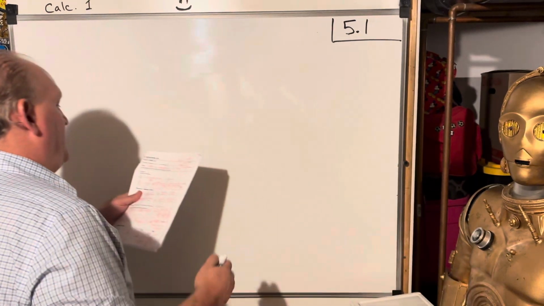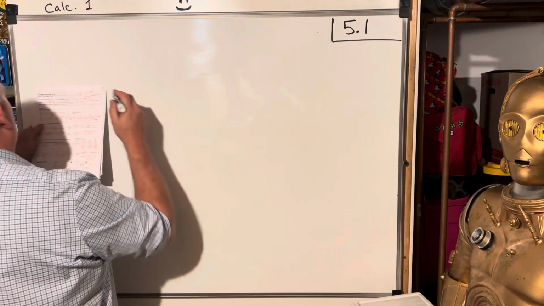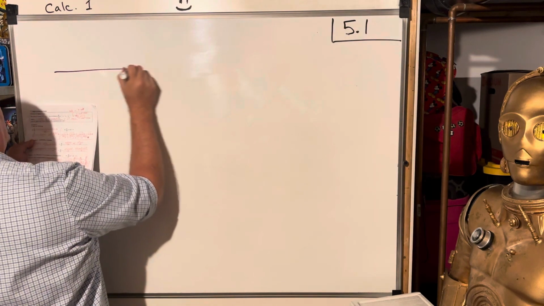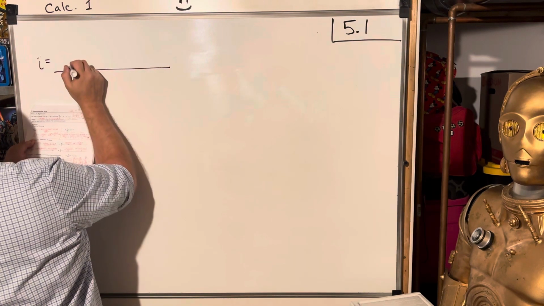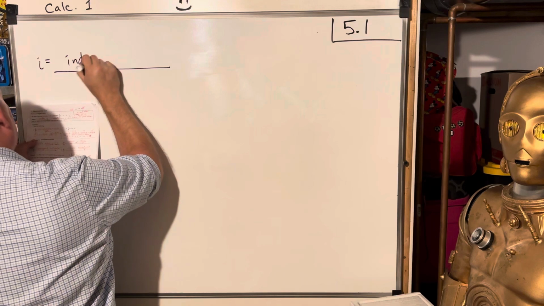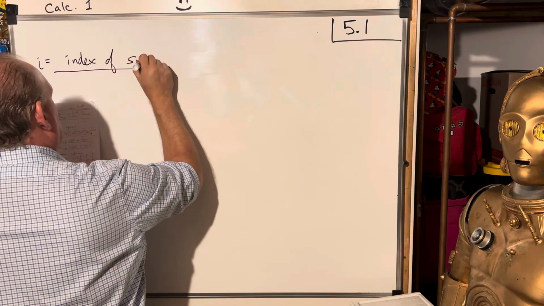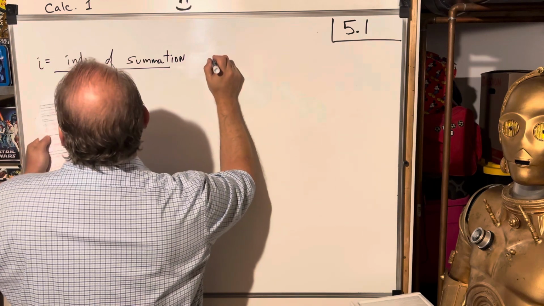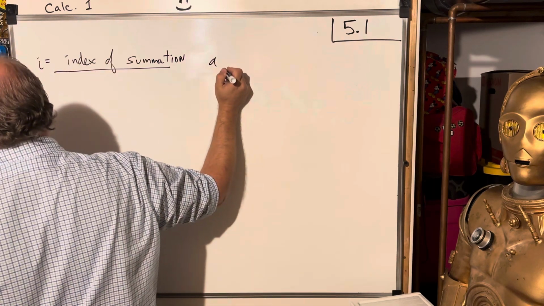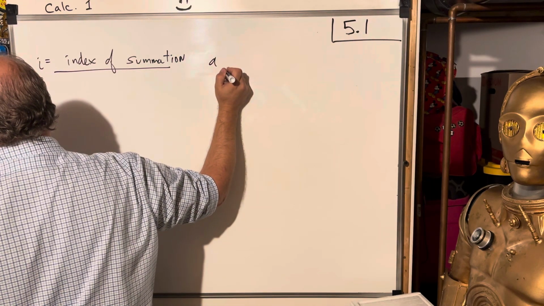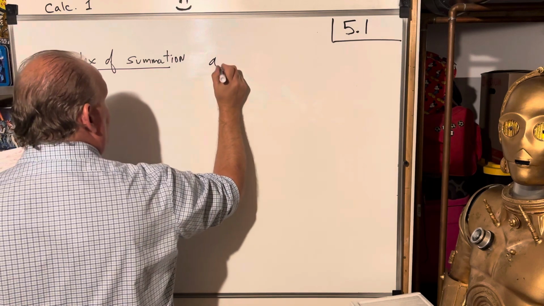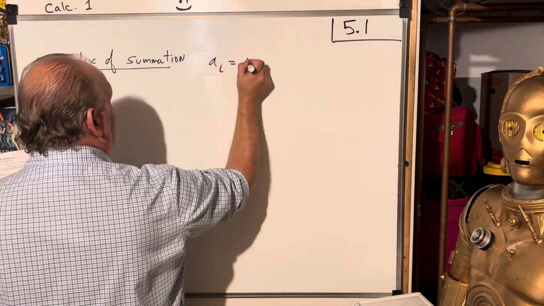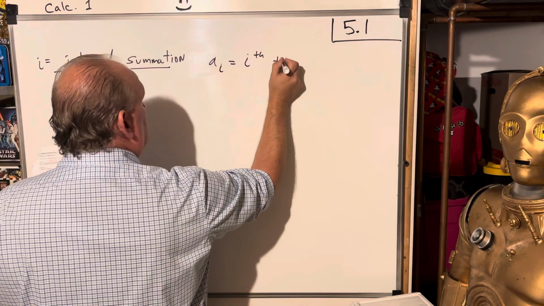So we have the summation sign here. There's a blank. It says i is equal to what? That is called the index of summation. a sub i is the ith term.